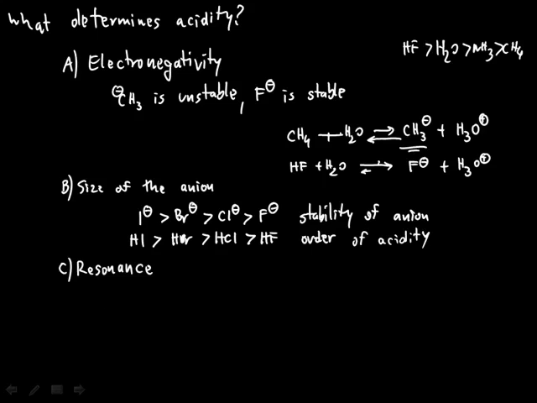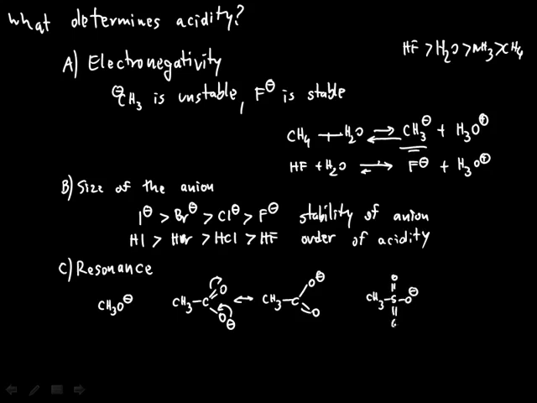So if we compare a series of anions, such as CH3O-, where this negative charge can only stay on this oxygen, versus our acquaintance of acetate anion, which can delocalize its negative charge over 2 oxygens, versus this sulfonate, which can delocalize its negative charge over a whole 3 oxygens.